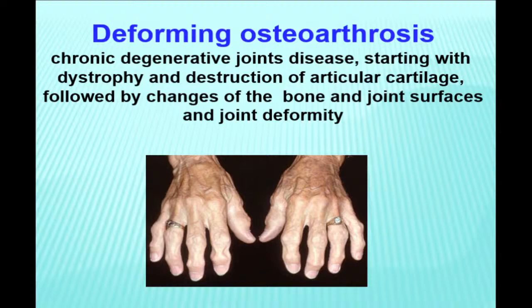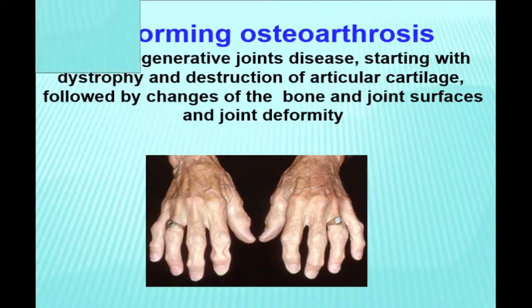But on contrary from rheumatoid arthritis, deforming arthrosis appears in senile period and first of all affects large joints, and if small joints are involved in pathological process, you see not significant deformation. Vital activity restricted, but not such significantly as in rheumatoid arthritis.